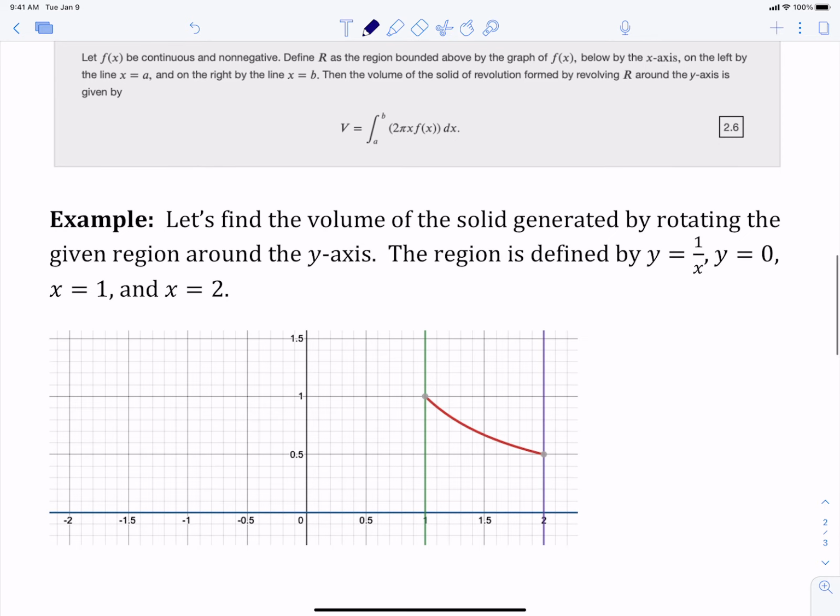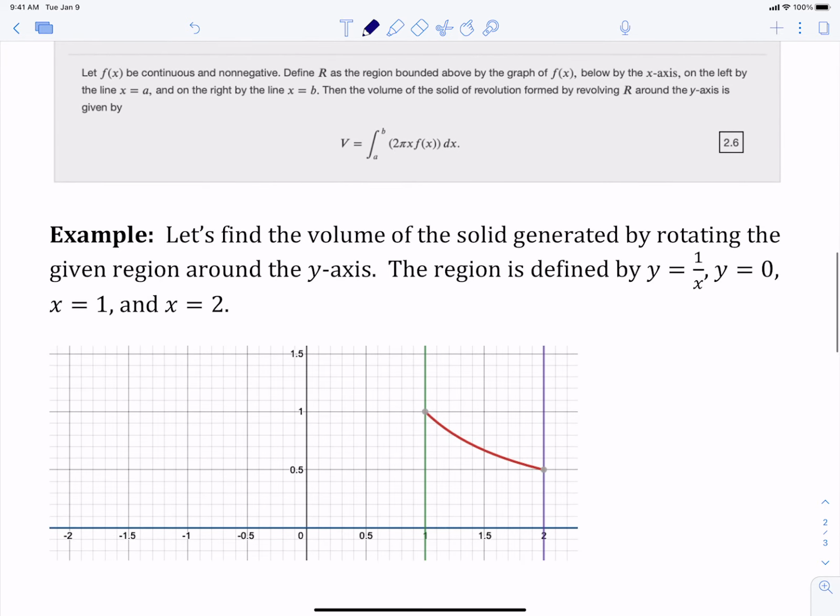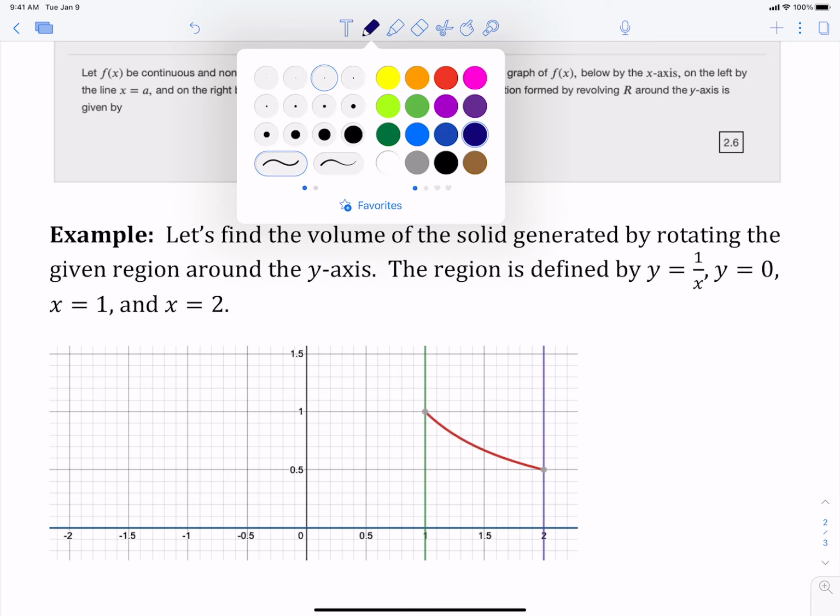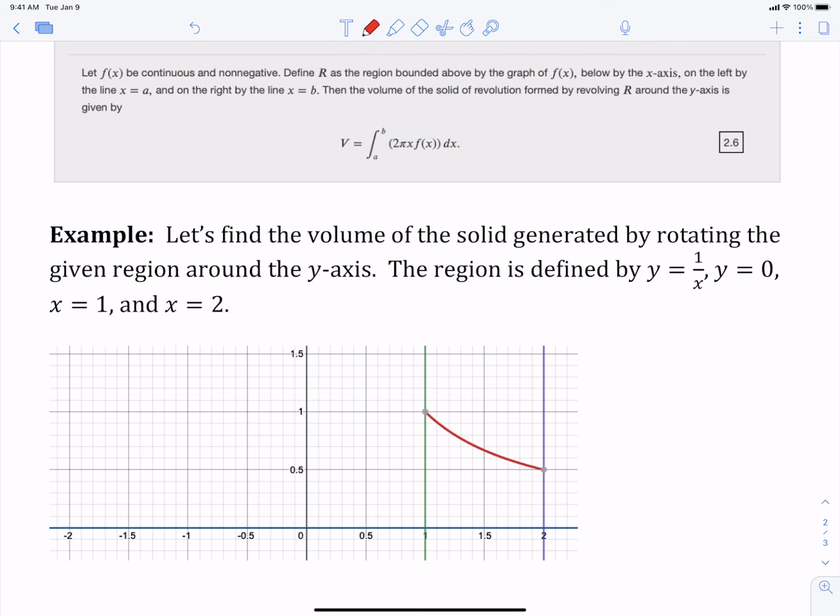So here is our graph, and let's reflect this. Our region that we're looking at is here from 1 to 2 above the x-axis and under that function 1 over x. And so if we reflect this around, here's our reflected shape, and we're spinning it around the y-axis.